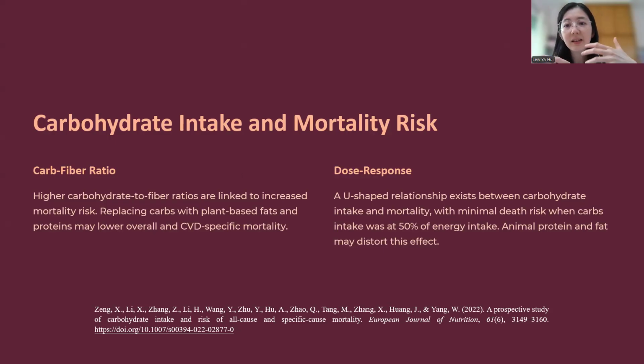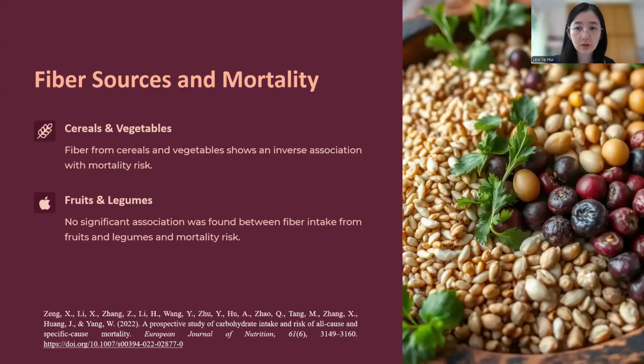However, the study couldn't completely rule out whether these effects are influenced by the type of protein or fat people were eating, especially from animal sources. But research shows that fiber from cereals and vegetables was inversely associated with death risk, while no association was found for fiber intake from fruits and legumes.